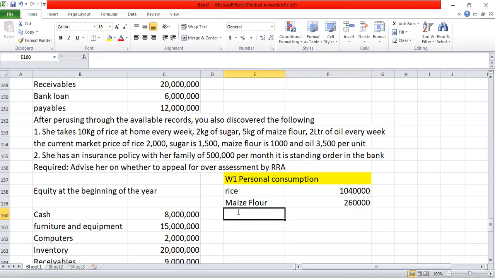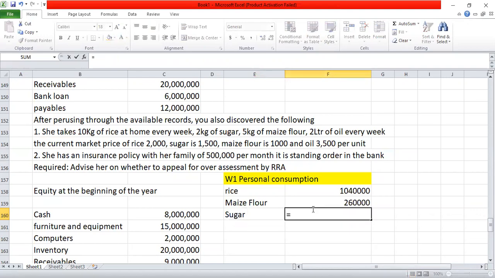Then another one is sugar. Sugar, they take 2 kilograms every week. It's 2 kilograms times 52 weeks times the price of sugar, which is 1.5.